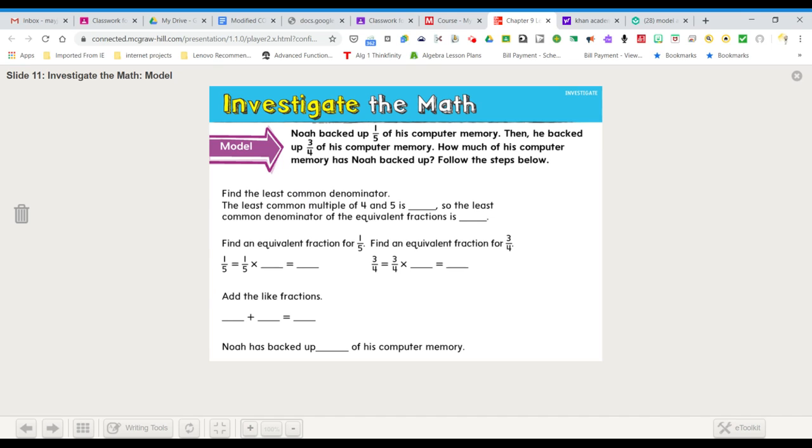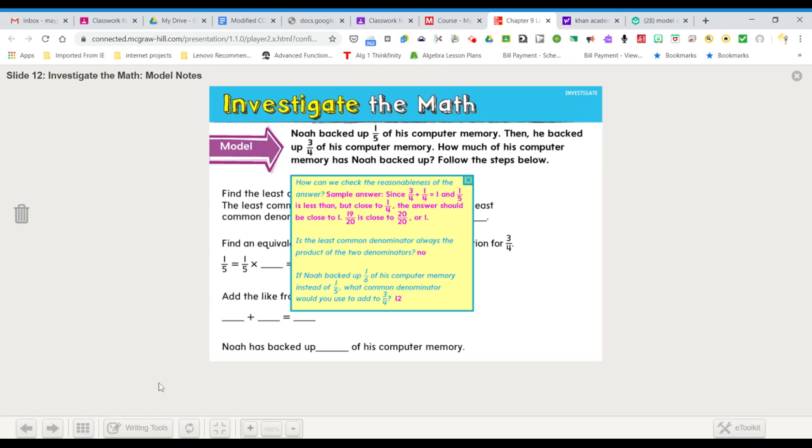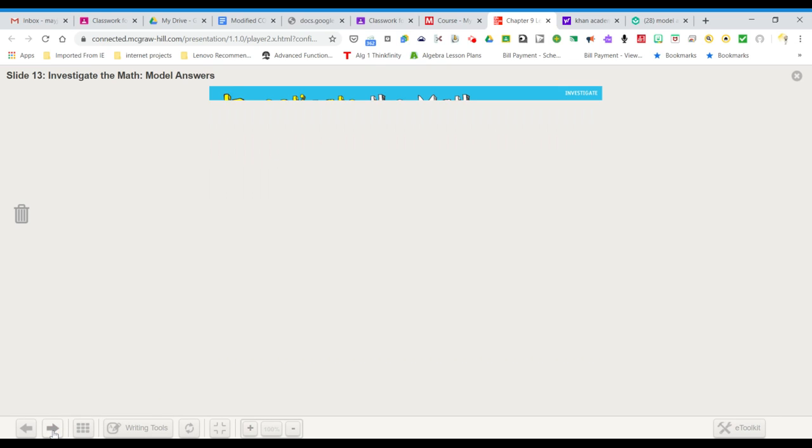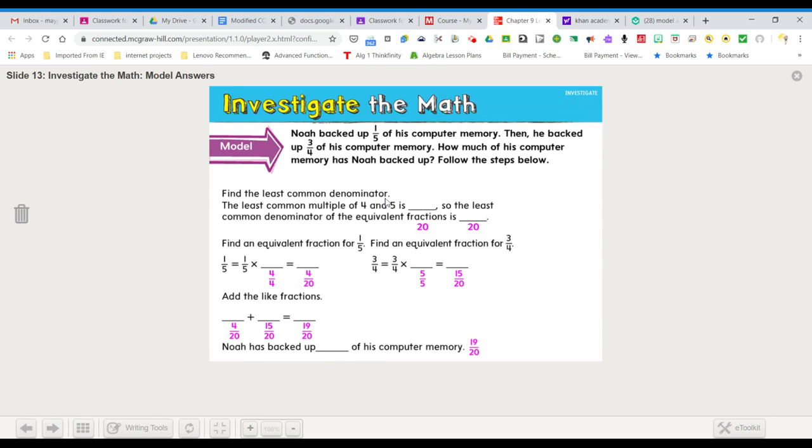If you said, I've made my list and it looks like 20 is the least common denominator, you would be right, because as you go through the 4s and the 5s, you're going to find that 20 is the least common denominator or the least common multiple. So the answer here is 20.